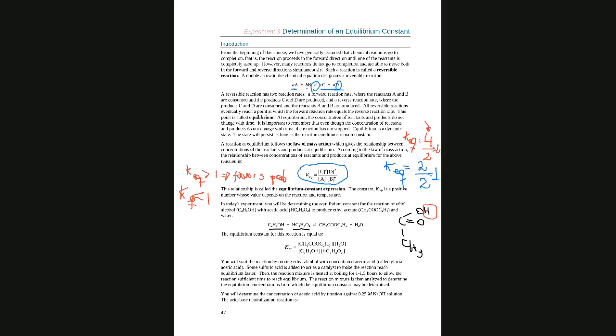But for now, all we are interested in, we are going to study this reaction of an alcohol, basically ethanol, plus acetic acid, and we are going to obtain ethyl acetate and water.